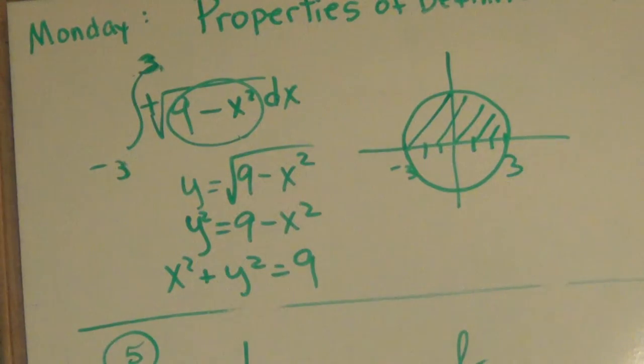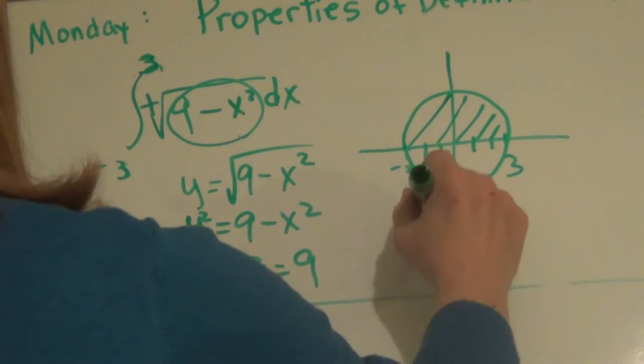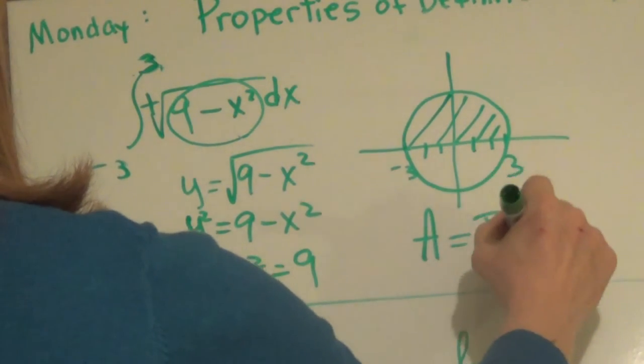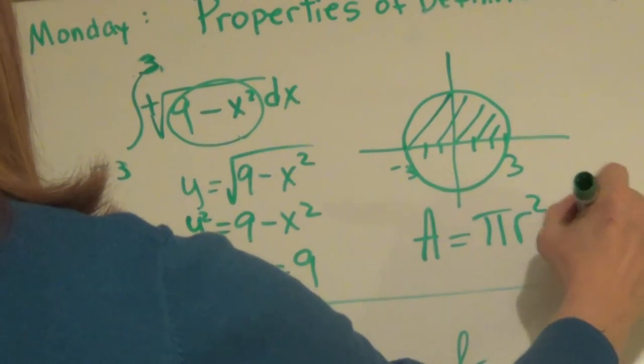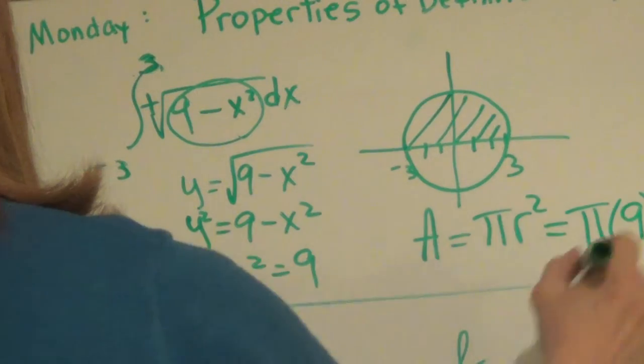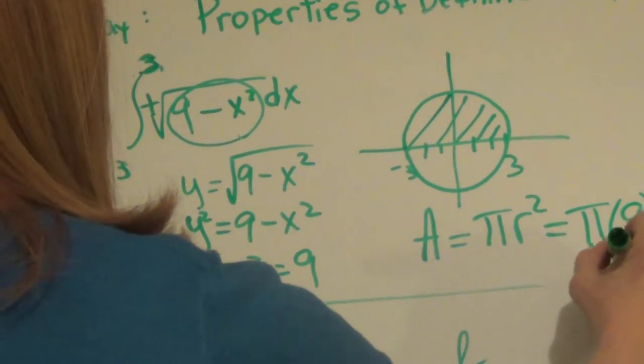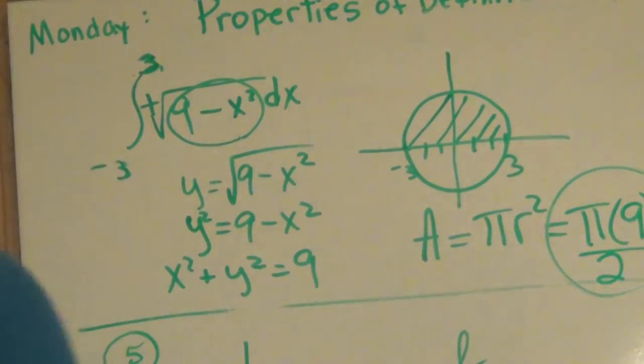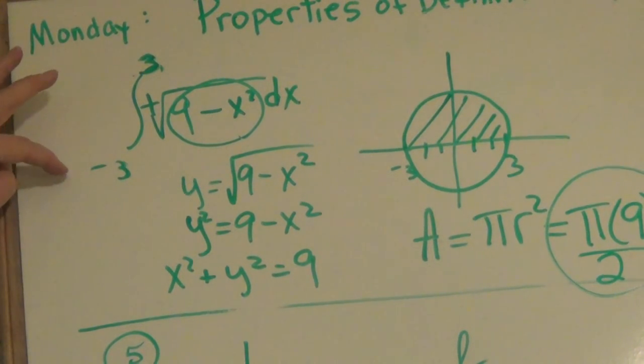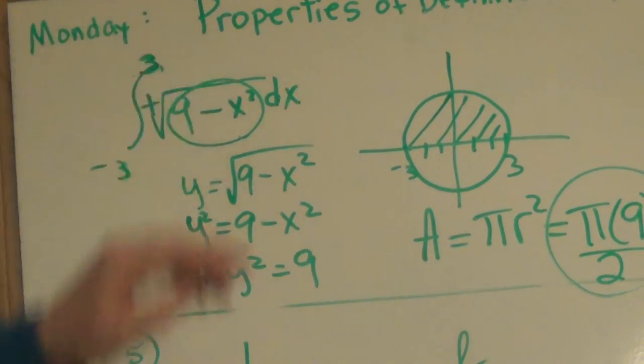But that's just half the circle. What's the area of any circle with radius 3? Pi r squared, in this case 9 pi, but we only want half of that circle. So 9/2 pi is the area under the curve, the integral from -3 to 3 of this expression.